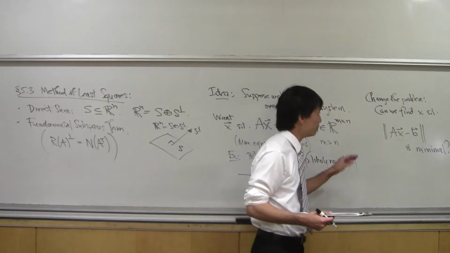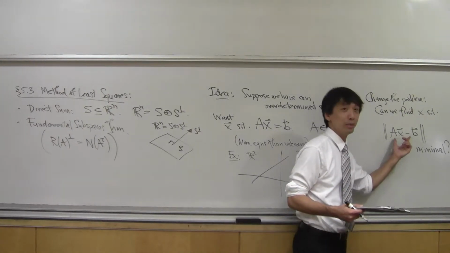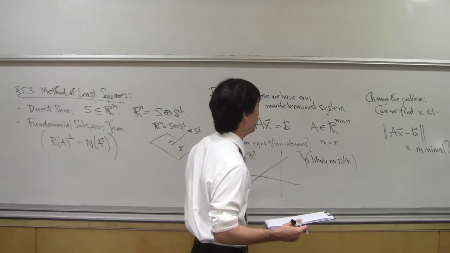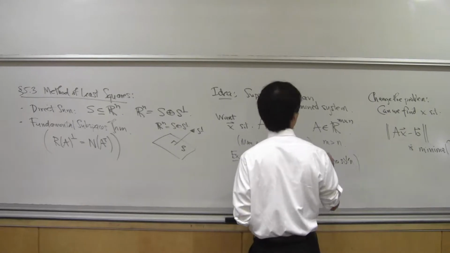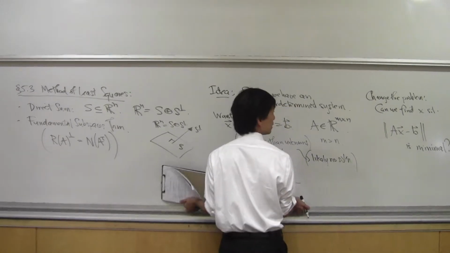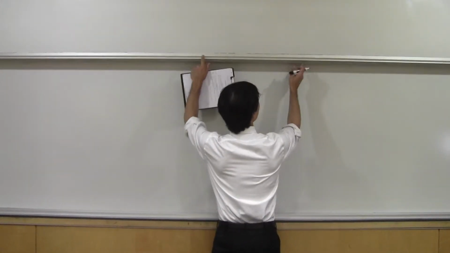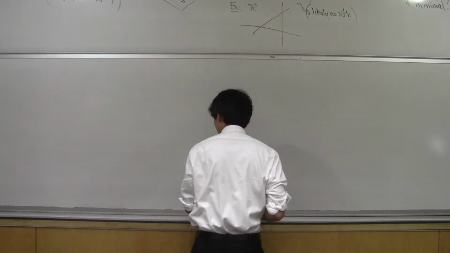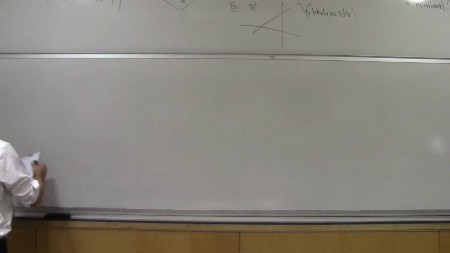Okay, so you say, well, let's find some sort of best possible answer. So that's the second form of the problem. Can we find x such that... Okay, now we're going to rephrase that slightly.